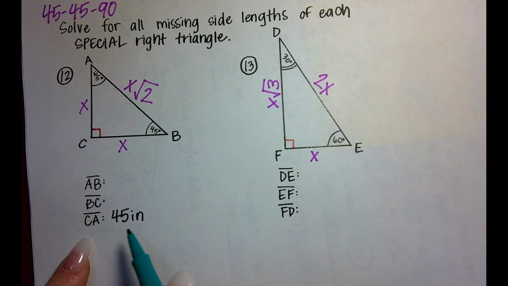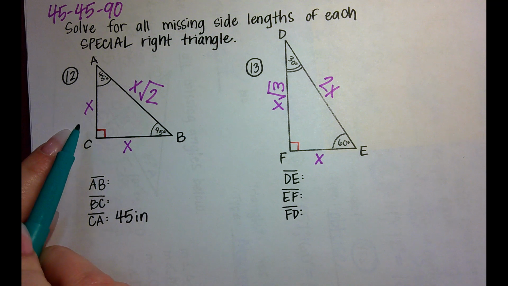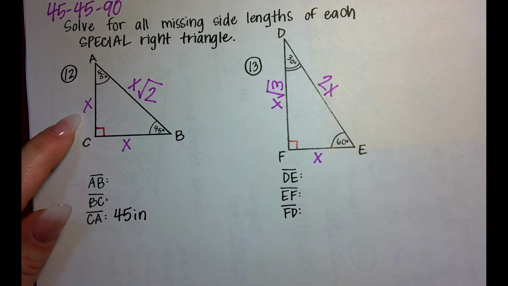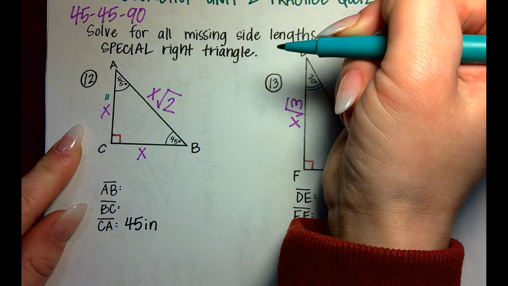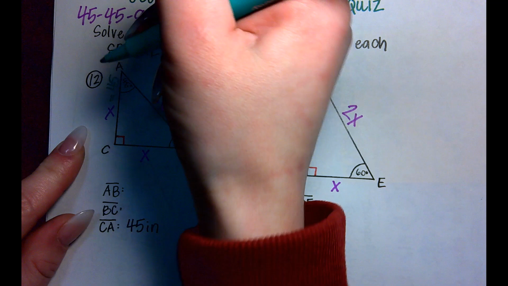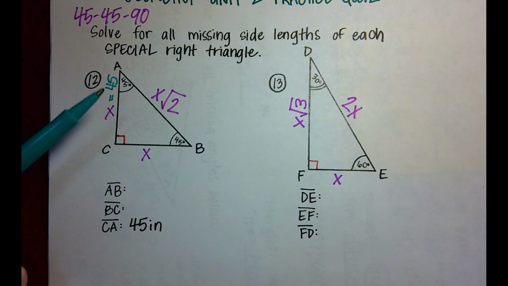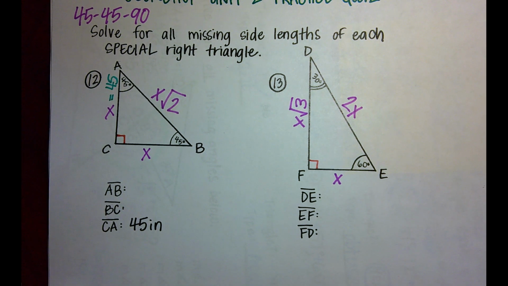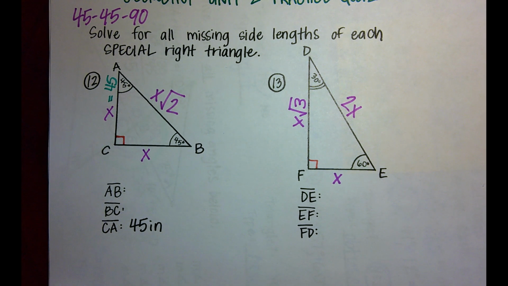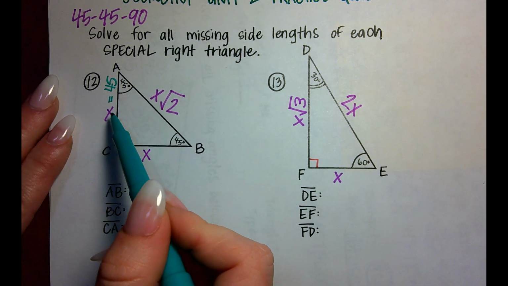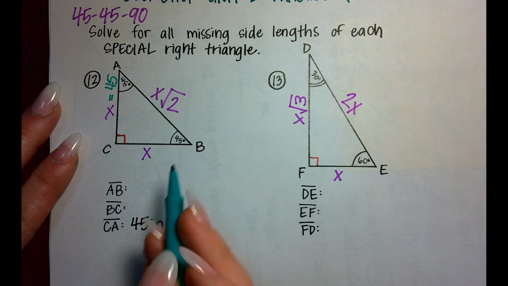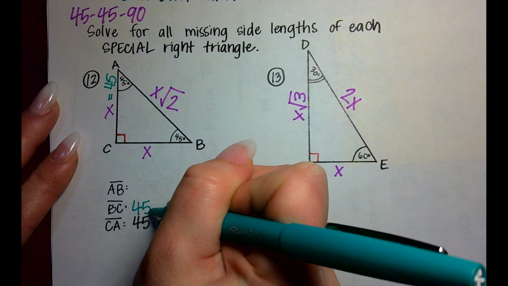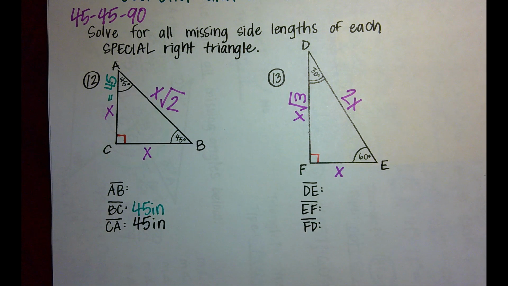I know that CA is 45 inches, and I see that CA is labeled with X, so I'm going to write 45 next to my X. If CA is X, and CA is 45, then what must X equal? 45. Good. So if X equals 45 and BC is X, then BC must also be 45. So we have one side already done.